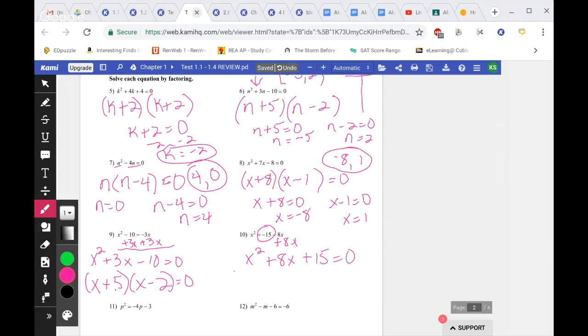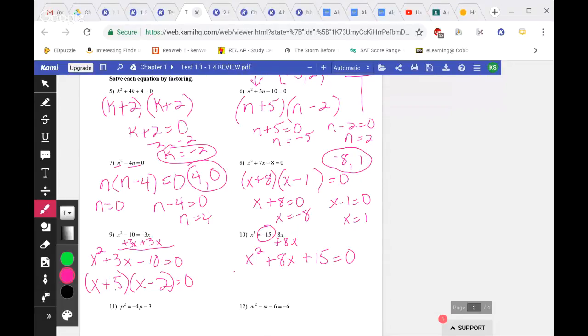You don't make it a -x because that's just more work. I would try to keep my leading coefficient positive if at all possible when factoring. And if I didn't, I would factor out that negative.